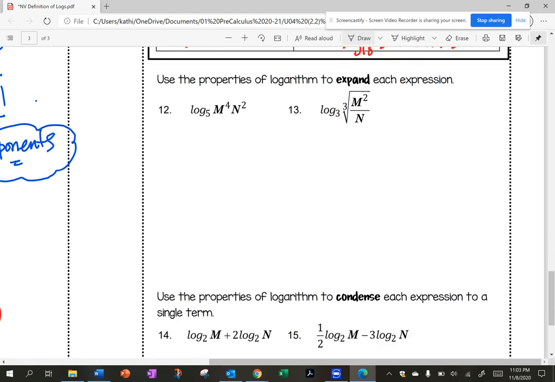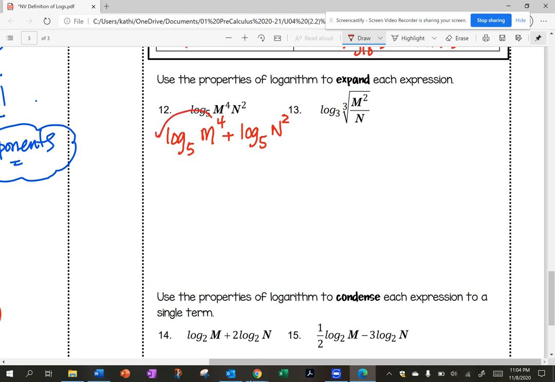All right, so let's do a couple examples here. Let's expand these out first. So I want to bring the exponent, I'm going to do that first. First, these are multiplied here, so I'm going to add. So this is going to be log base 5 of m to the 4th plus log base 5 of n squared.